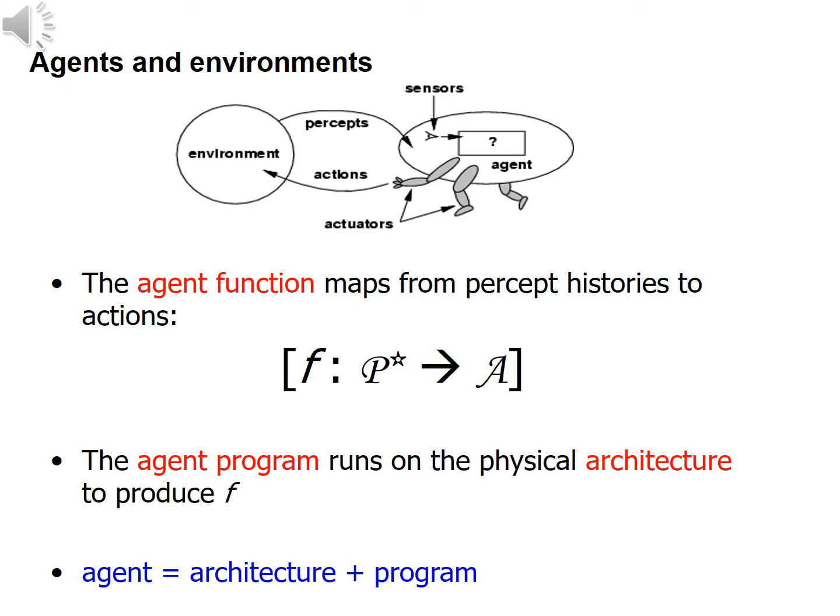While an agent function maps percept histories to actions, an agent program runs on the physical architecture to produce this function. So an agent is a combination of an architecture and a program.